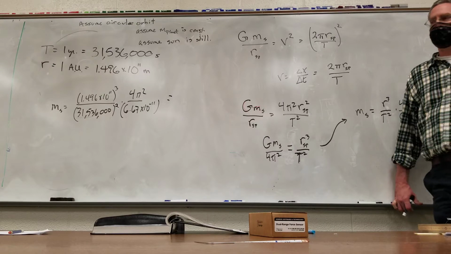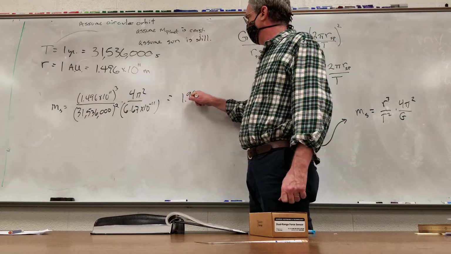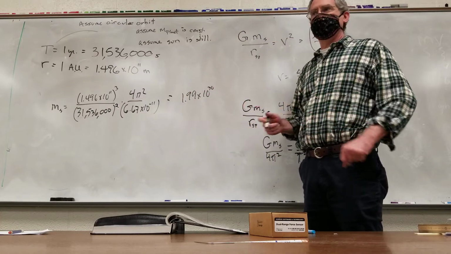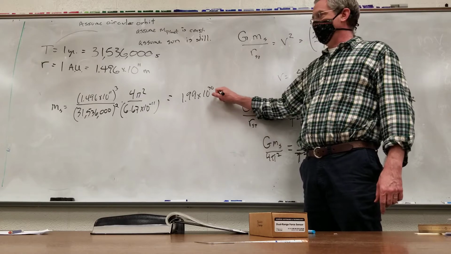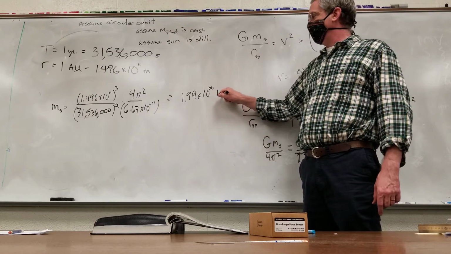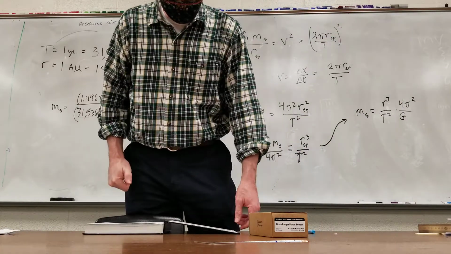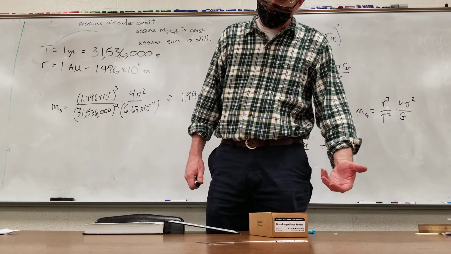I got 1.99 times 10 to the 30th. I got that. All right. You said you got that also? Kilograms. And I think that actually is what's in the book. Oh, they had 1.9891.